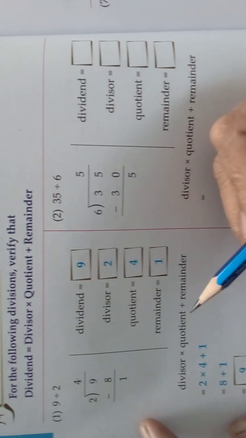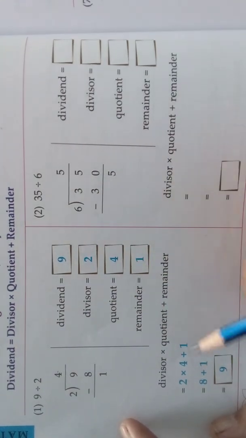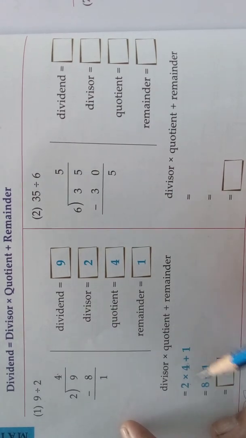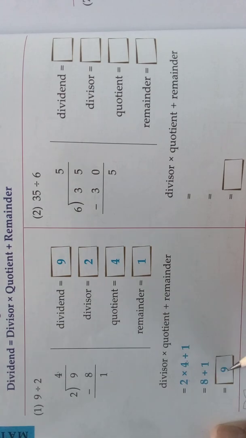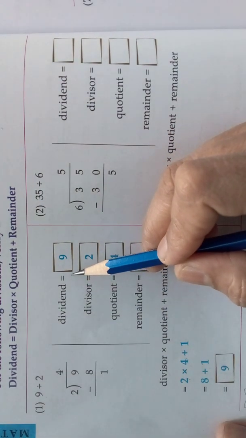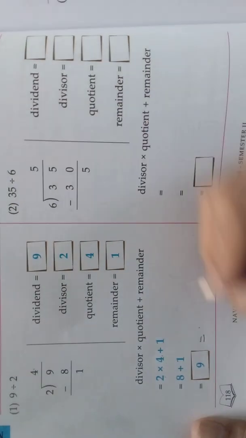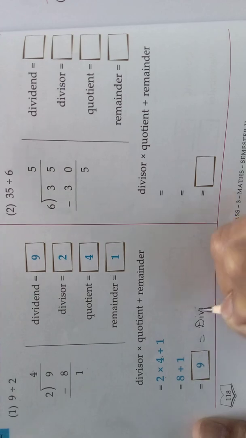So, we should check whether divisor into quotient plus remainder is equal to the dividend or not. Take divisor 2, quotient 4 and remainder 1. So, 2 4s are 8. First you should do multiplication. 2 4s are 8 plus 1, 9. So, 9 is nothing but the dividend. You should write that it is equal to the dividend.